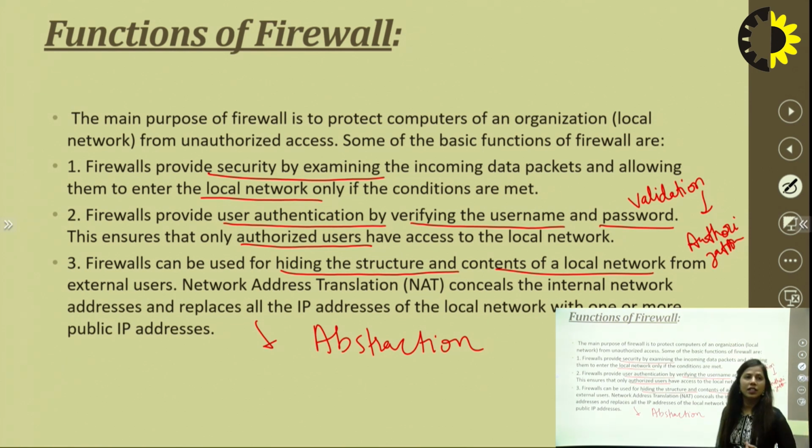And the last one is that it is used for hiding the structure or the content, meaning confidential data. If some confidential data is working under a particular local area network, it can avoid access to that confidential data, so that it cannot easily be accessed by unauthorized persons. So these are the various functions of the firewalls.